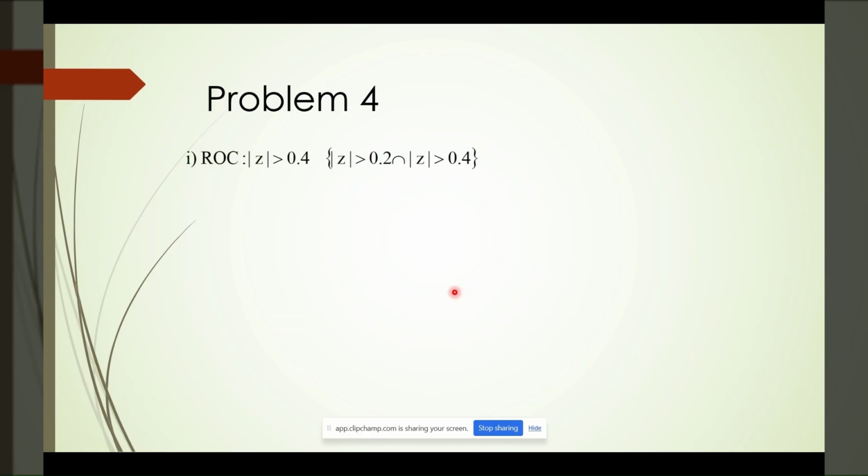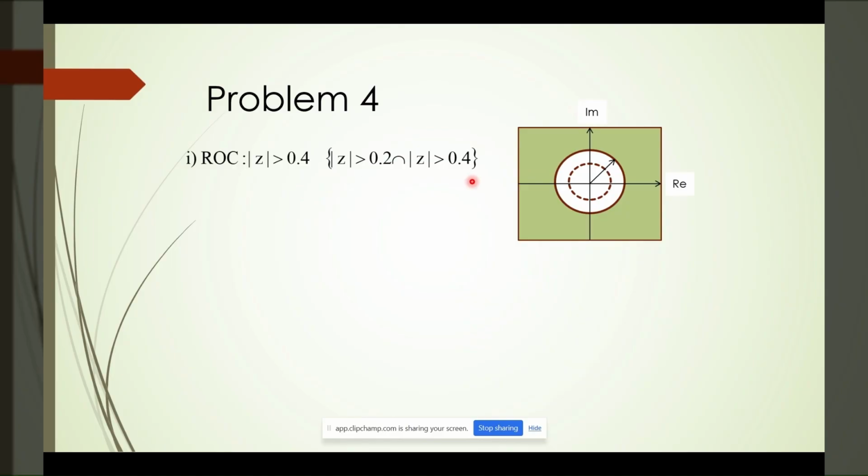The first condition is |z| greater than 0.4. The Z plane is always represented with real part and imaginary part. So the ROC is greater than 0.4 for this case.